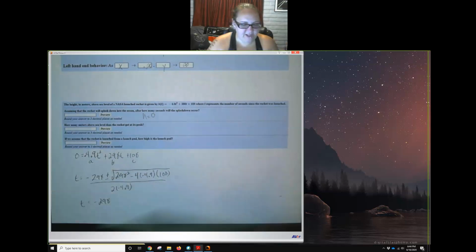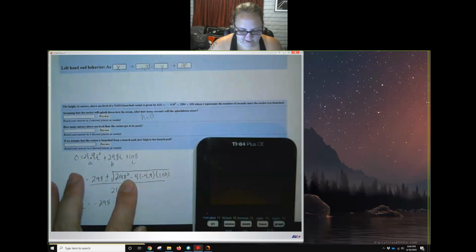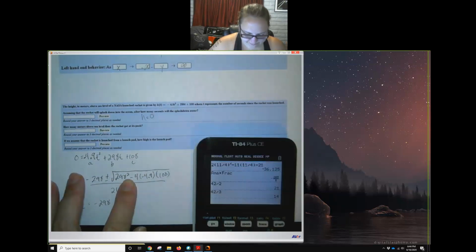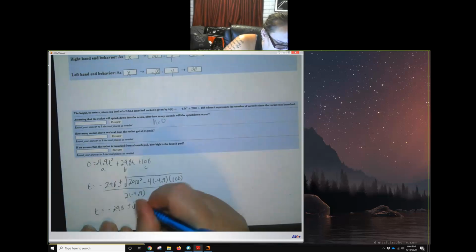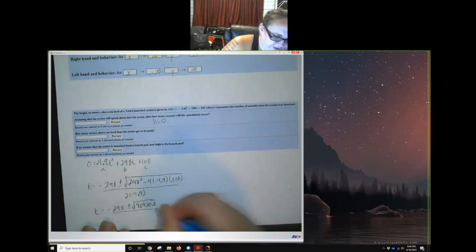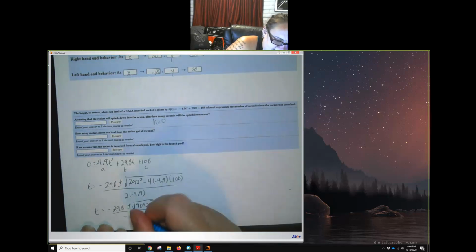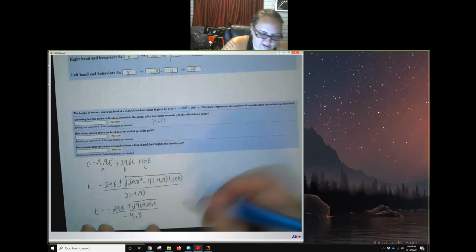I'm going to put everything that's under the radical in my calculator at once. 298 squared minus 4 times negative 4.9 times 108. That is 90920.8. 2 times negative 4.9 is negative 9.8.